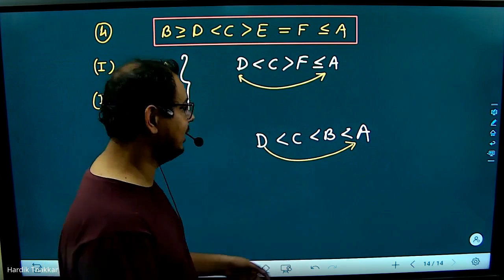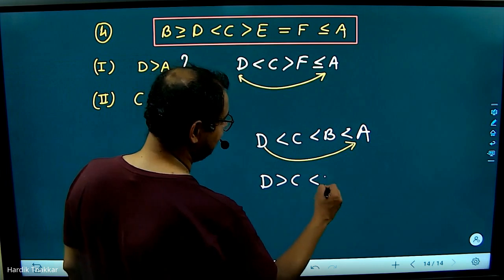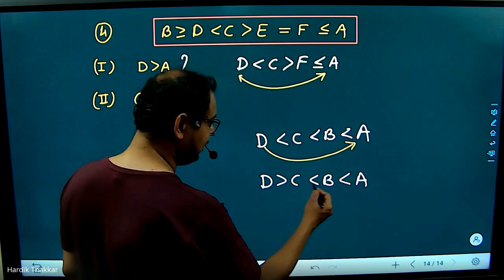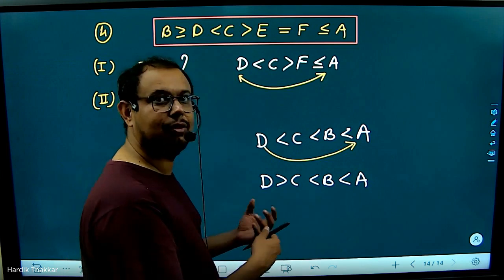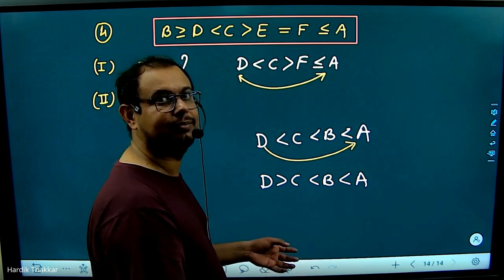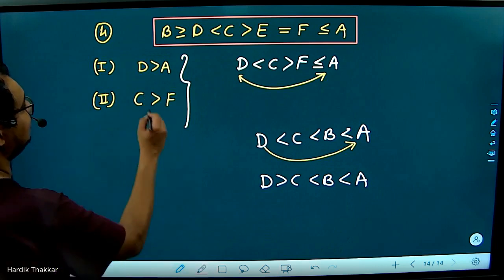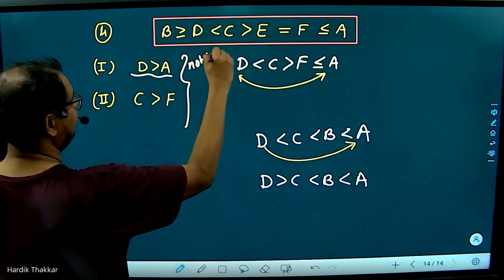But if it is like this: D is greater than C, but C is smaller than B, and B is less than A, the inequality signs are opposite to each other, so the conclusion cannot be drawn. So this conclusion cannot be true.